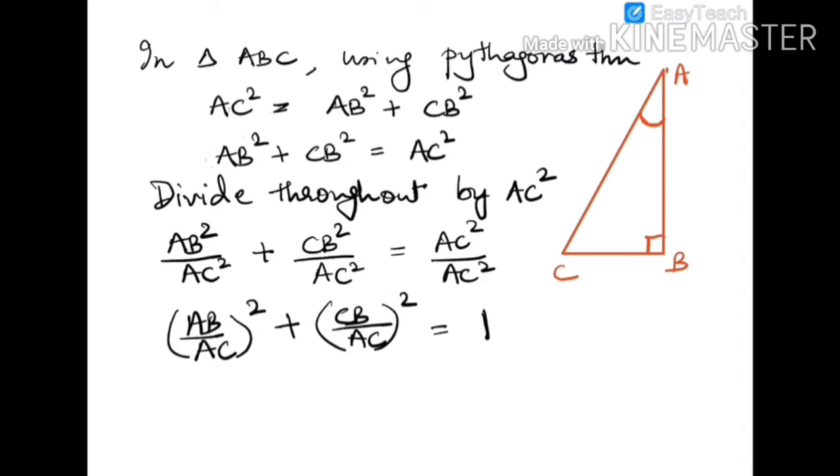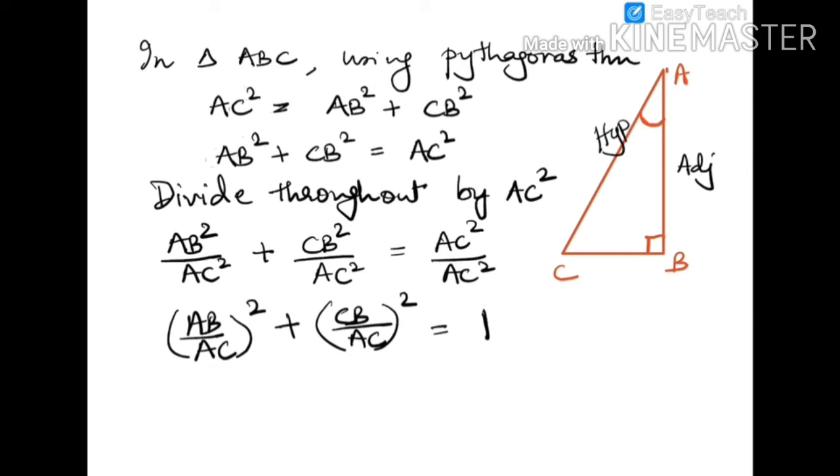Now we have a ratio over here, AB upon AC. Find out which trigonometric ratio it corresponds to. We are going to consider our ratios with respect to angle A. So AB is the adjacent side and AC is the hypotenuse.